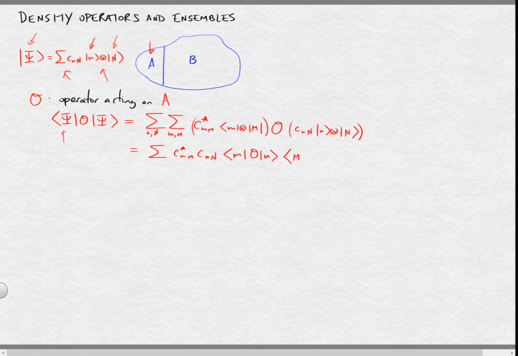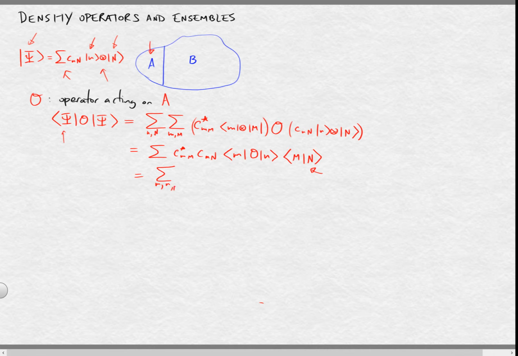And then we have the inner product between basis elements capital M and capital N in the subsystem B. Now these basis elements are defined to be orthonormal, and so this is going to vanish if M does not equal N, and it's going to be equal to 1 if M is equal to N. And so then our entire sum simplifies.